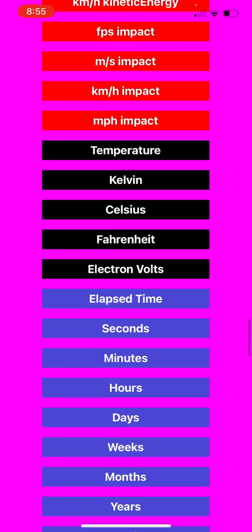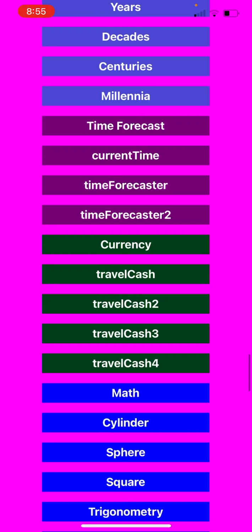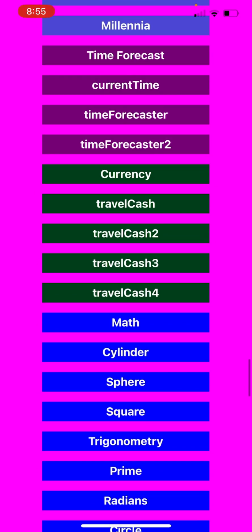Then we also have temperature, and we also have time. So if you want to know how many minutes in a week or how many seconds in a month, you can do that here. We have a time forecast, so we know the current time, and we can forecast what time it will be somewhere else when it's 9 o'clock in the morning here. Or we can go the other way and say, if it's 9 o'clock in the morning somewhere else, what time is it going to be where I am?